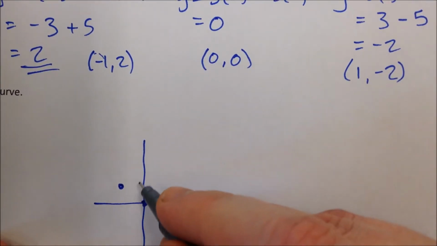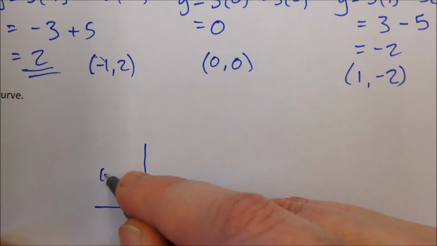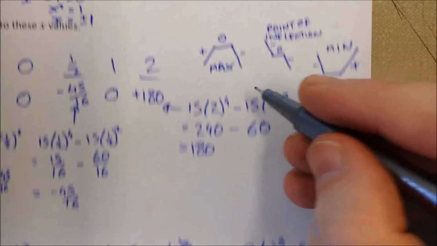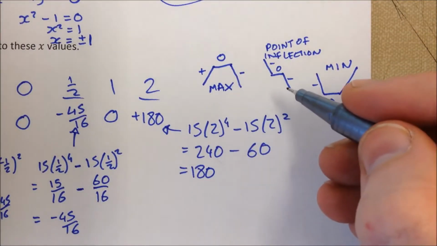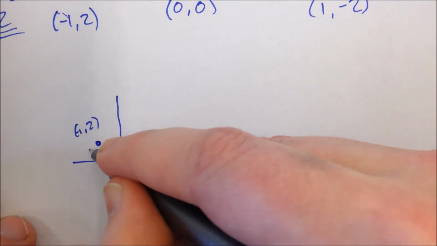Now let's have a look at what happens at each of them. First of all, label them. Negative 1, 2, 1, negative 2. Right, so we get a maximum point, a point of inflection, so let's just do the maximum point first. It's going to look like that.